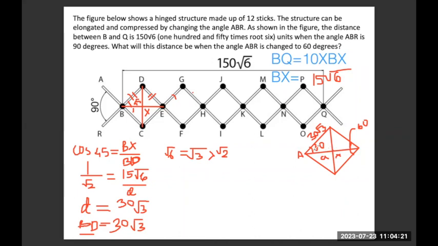So when it is cos 30, I will again use cos because I know the hypotenuse, which is 30√3, the value of BD, and I know the base, so cos is the one: A upon 30√3, the hypotenuse.